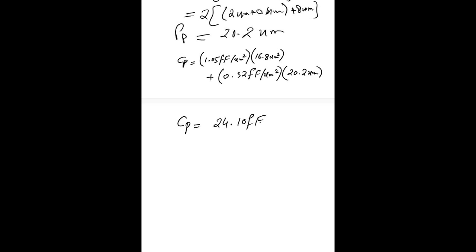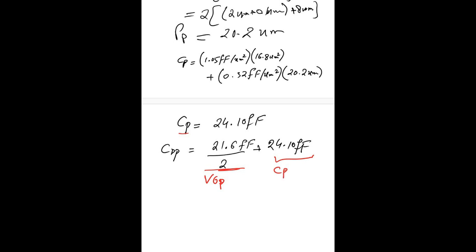Now we have to find the drain junction capacitance. This capacitance is 21.6 femtofarad divided by 2, plus 24.10 femtofarad. This expression represents CGP, and this represents what we calculated here, CP.